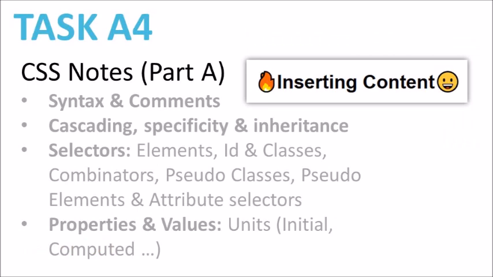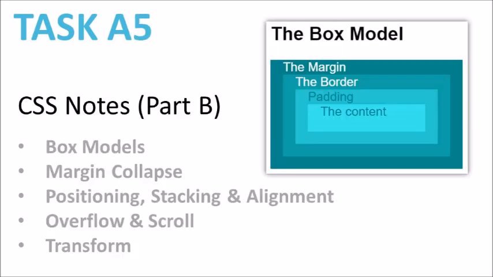On your CSS notes, you want to include the following: syntax and comments, cascading, specificity and inheritance, selectors, such as elements, ID and classes, combinators, pseudo classes, pseudo elements and attribute selectors, properties and values such as units.